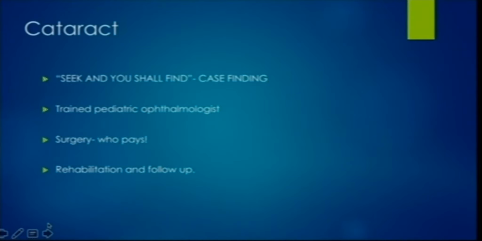Once the child is of school-going age, by the time the child starts to complain, he should be somewhere around 6/24, 6/36 or 6/60. That means for the past 1.5 years he has already been living with the cataract and has not realized the importance of it. So case finding is one of the supply disparities.